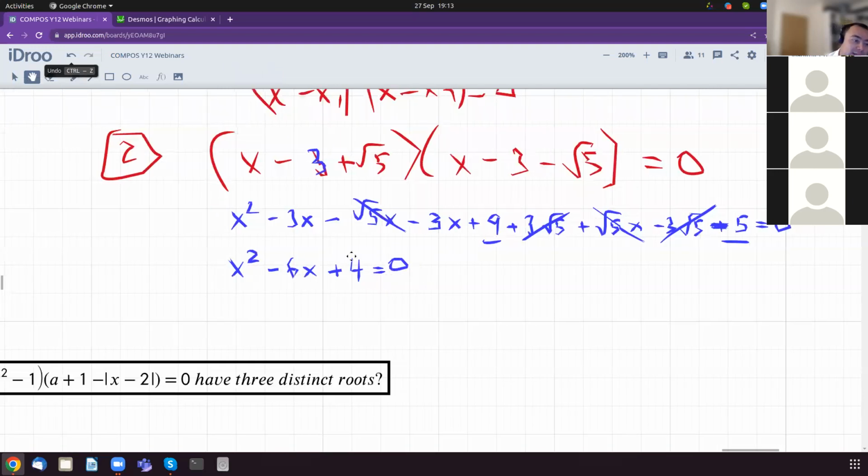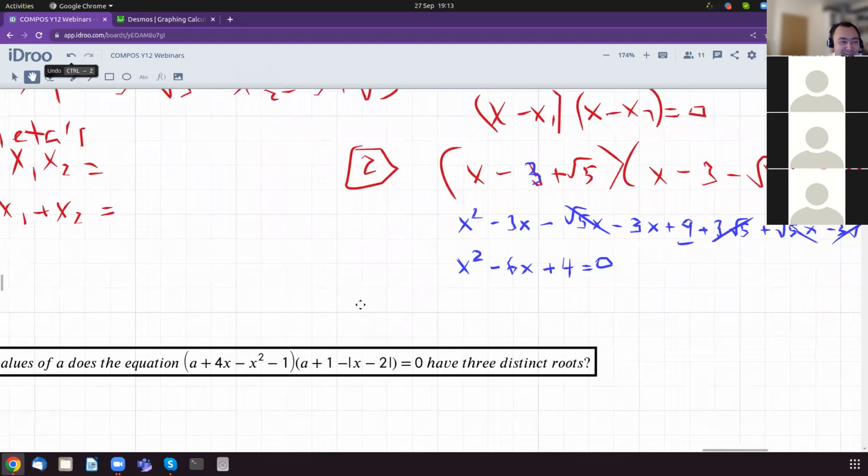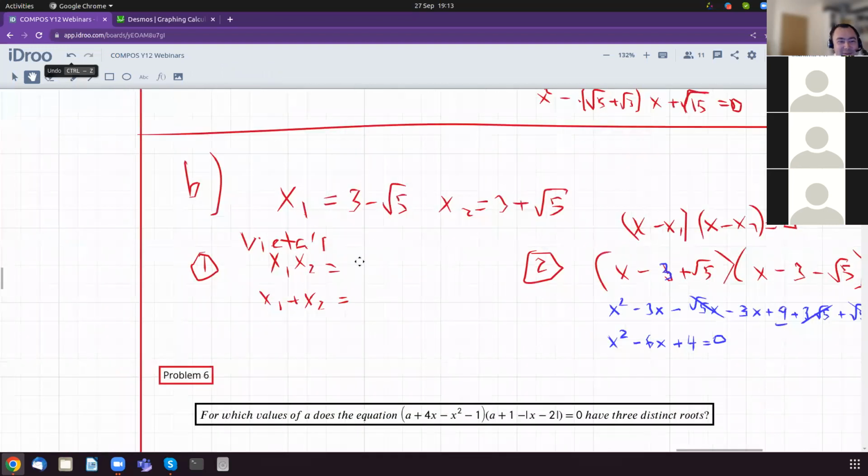And okay, and let's do the first method as well. Why not? Vieta's formula. Find the product. We find the product is 3 times 3, so that's 9. So we are multiplying this by that, multiplying 3 by that. So plus 3 root 5, then minus 5 times 3 minus 3 root 5, and then minus 5. So that's equal to 4. And x1 plus x2.